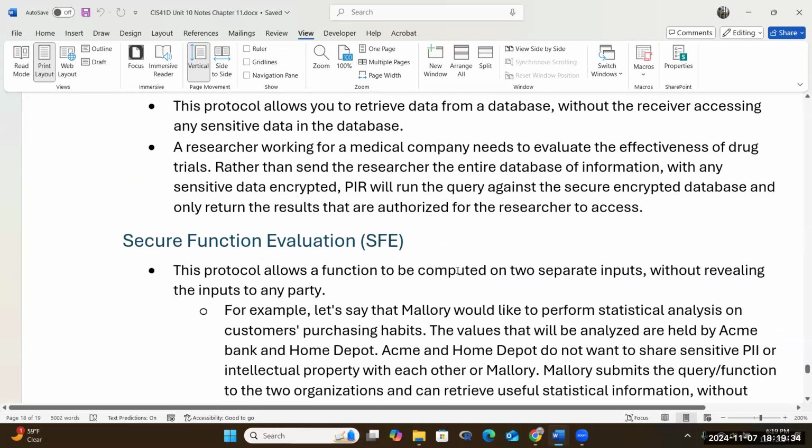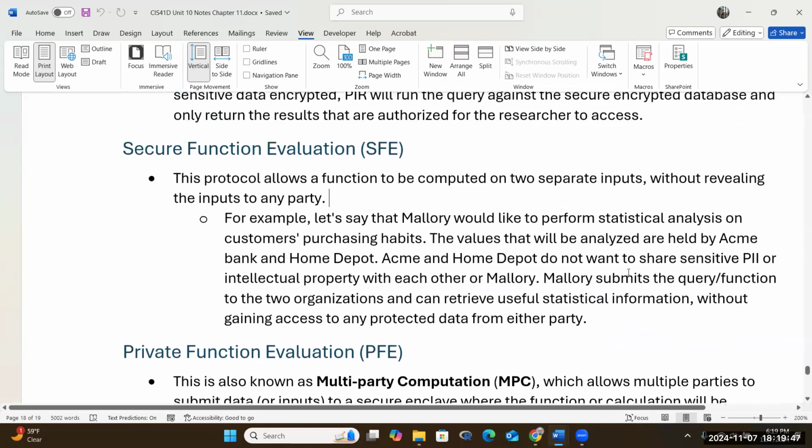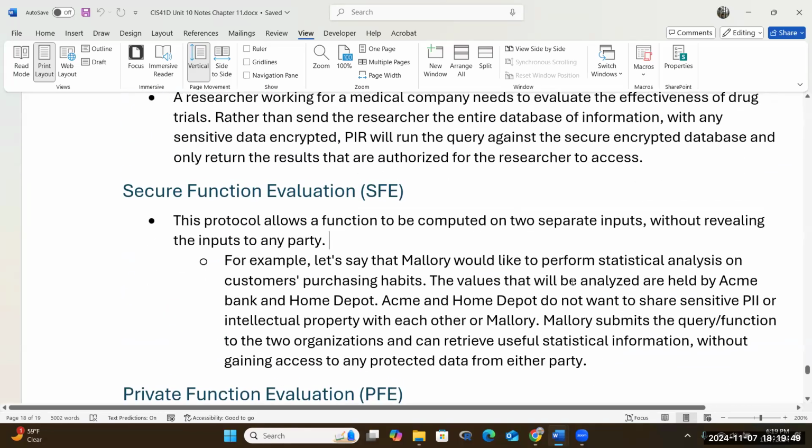And then you have another protocol called Secure Function Evaluation, your SFE. It has two separate inputs that are required from any party, right? The example that they have here is someone doing statistical analysis for study habits.